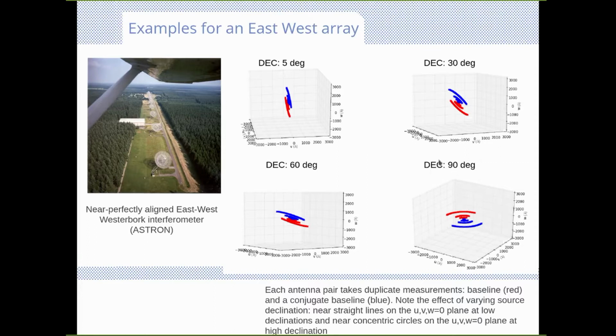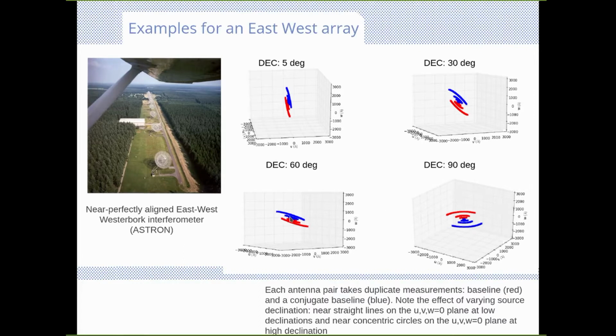So let's start off at declination 90. So let's say the source is at the NCP. So we're tracking, for instance, Polaris. Then what we're going to have is that the W points towards NCP. So this is 90 degrees. So it's going to point directly upwards here. So W lies along this axis.